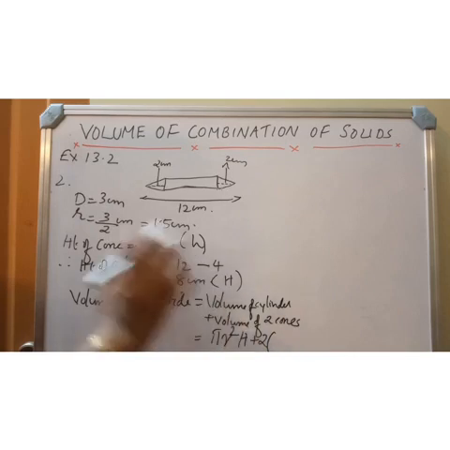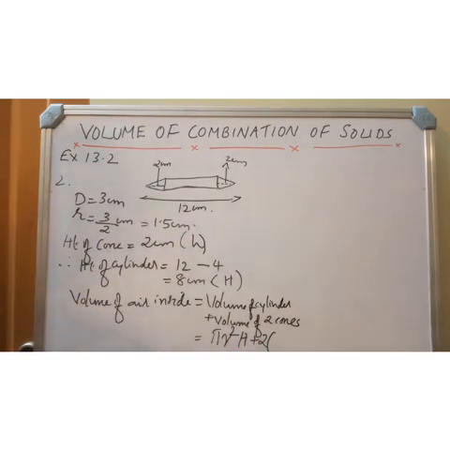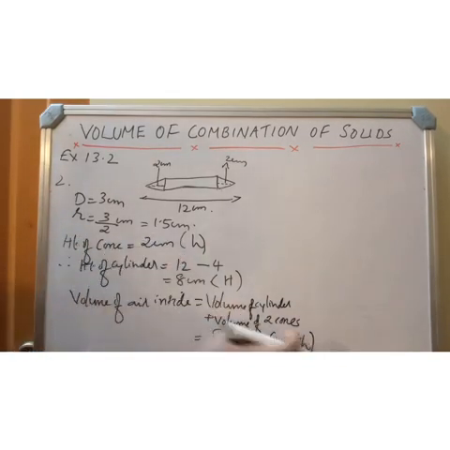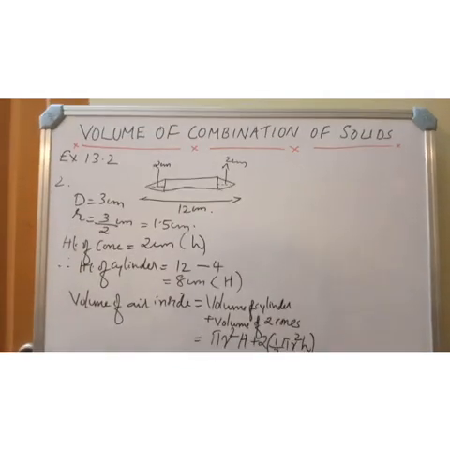What is the volume of cone? 1 by 3 pi r square h. Here what h will come? Small h, because the height of the cone I am considering as small h. Okay. So pi r square capital H plus 2 into 1 by 3 pi r square h.